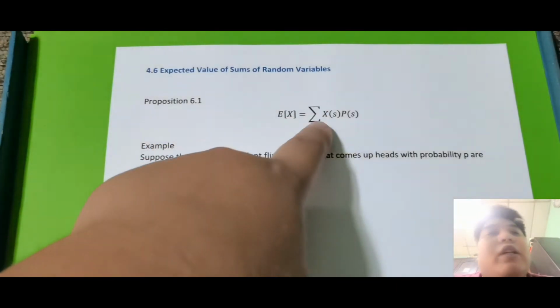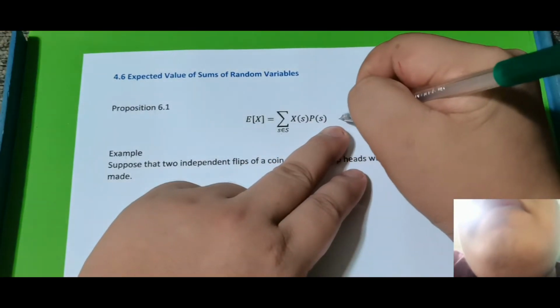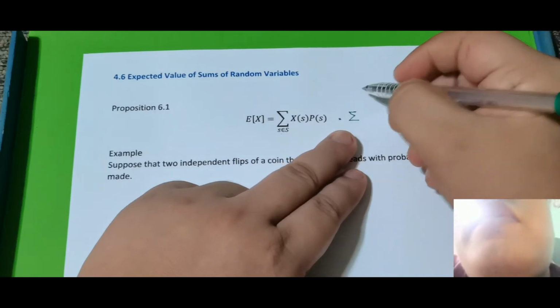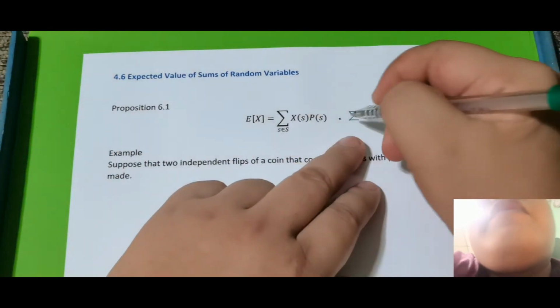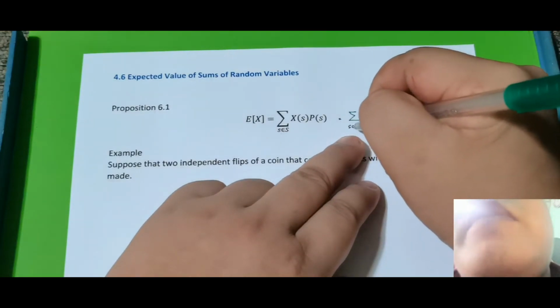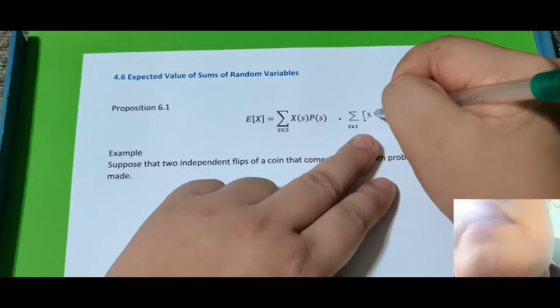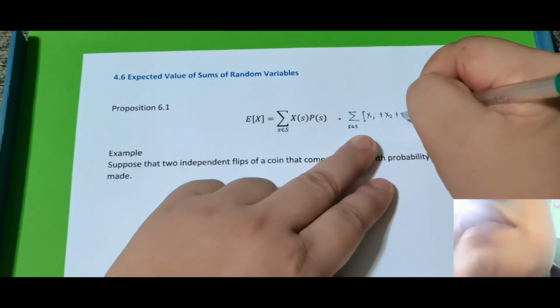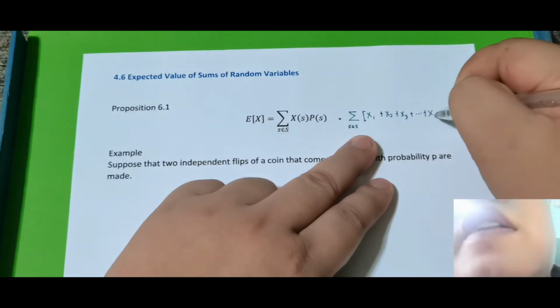So ang ibig sabihin lang ng x of s na yan, it's something na ganito siya. This is just equal sa summation, s element of s. So for example, this is x sub 1, so x sub 1 plus x sub 2 plus x sub 3 plus plus x sub n.